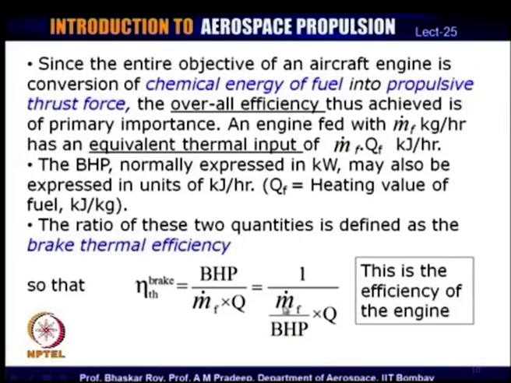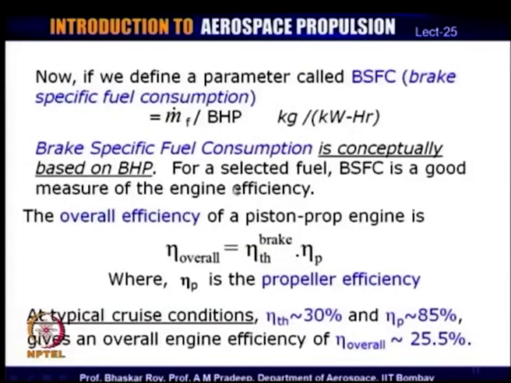This can be written as 1 by m dot f by BHP into Q f, okay, and m dot f by BHP of course is the parameter which is of importance, and this is often referred to as brake specific fuel consumption, given in terms of m dot f by BHP and is often expressed in terms of kgs per kilowatt hour.